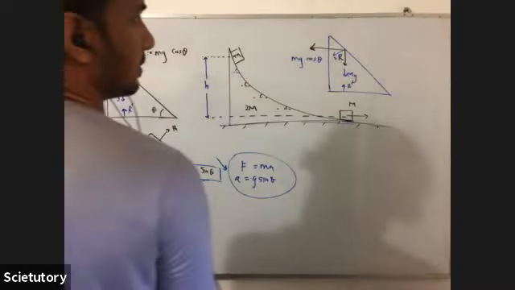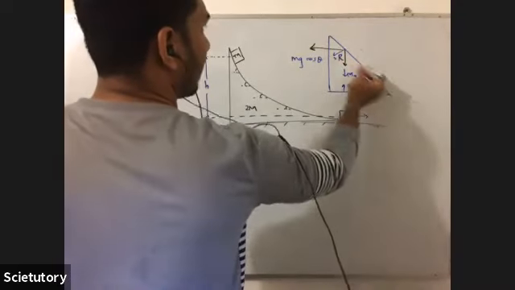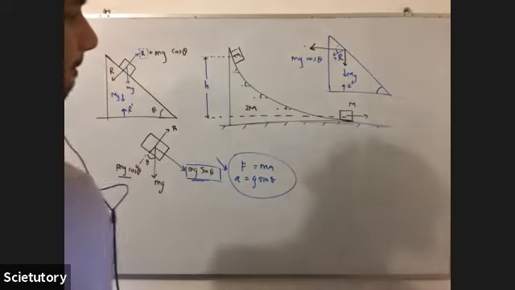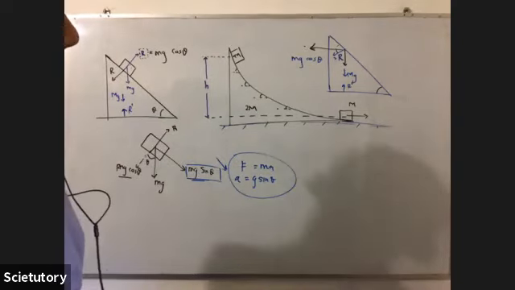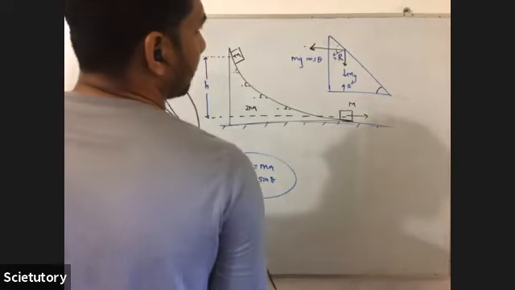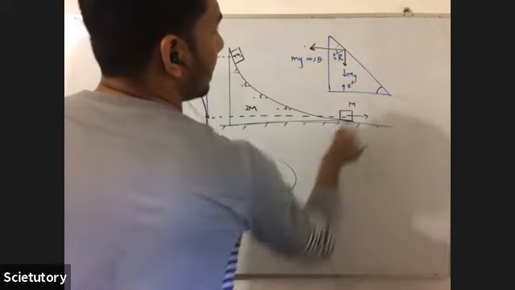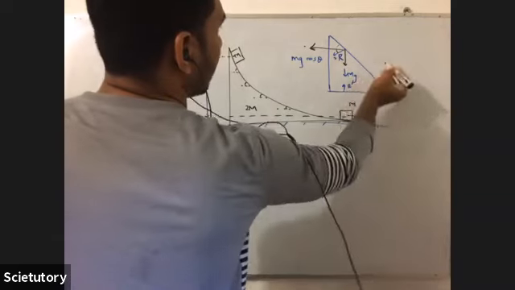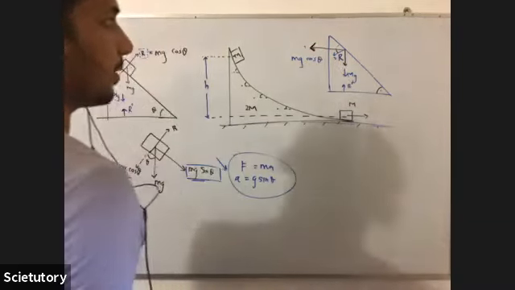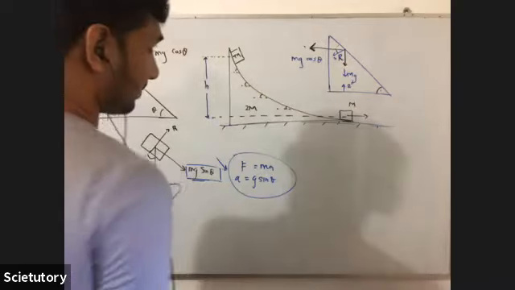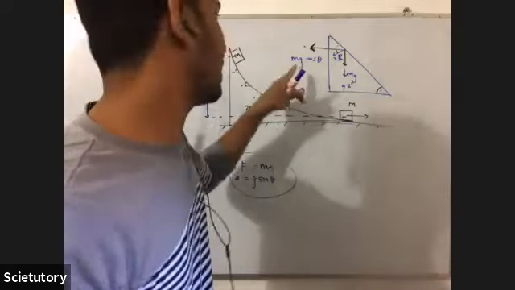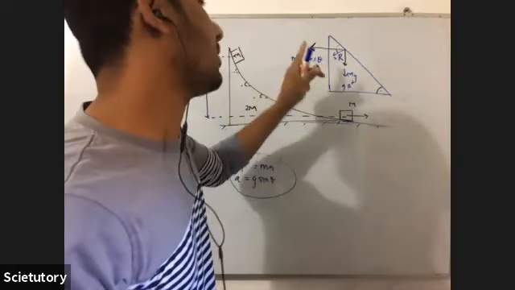So what is the value of this component and this component? The horizontal one. You know this is theta and this is also theta, and it's 90 minus theta. What is the magnitude of this horizontal component of R? R is already a component of mg, equal to mg cos theta.